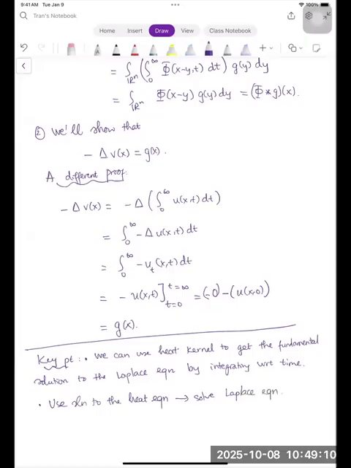It's a very natural idea, and in fact this idea is used a lot in other contexts.